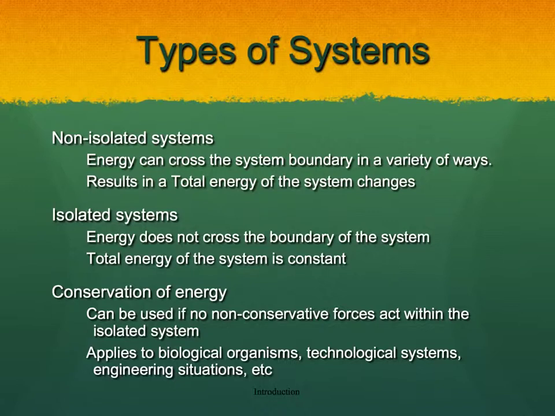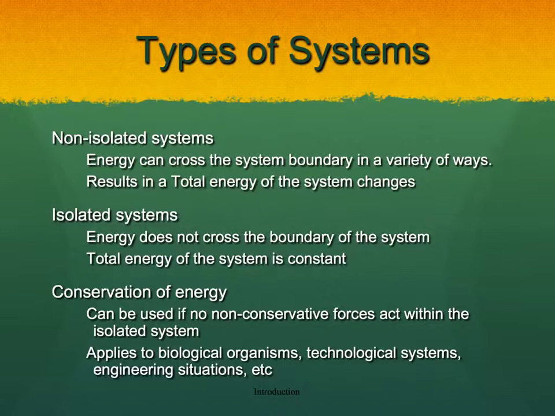The second type of system is called an isolated system. An isolated system is where energy is not going to cross the boundary of the system, and the total energy of the system is going to remain constant. So usually I think about an isolated system where there's not really any interactions, or we kind of neglect interactions between the environment and the system. So in that case, we think about the system as being isolated. There's nothing that's going to change that total energy for that system.